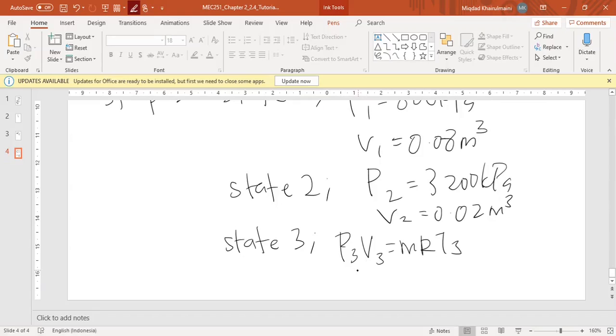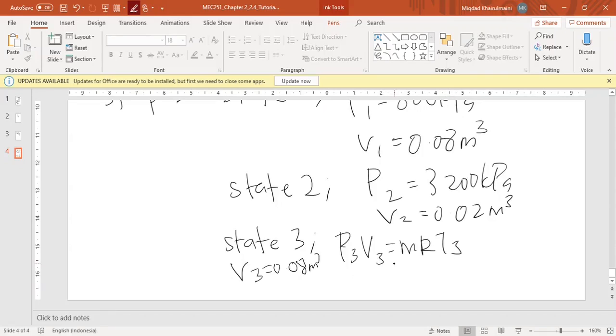We don't have pressure, that's one unknown. We do have volume, which is the same as volume at state 1. We don't have mass, it's not given in the question and we cannot calculate it. We have R, so we have that. And we don't have T3, so basically only one equation but 3 unknowns. So we cannot use this.